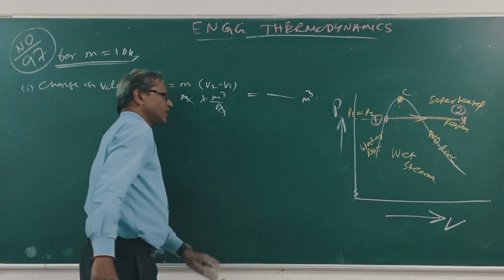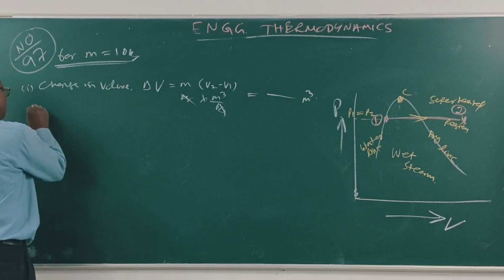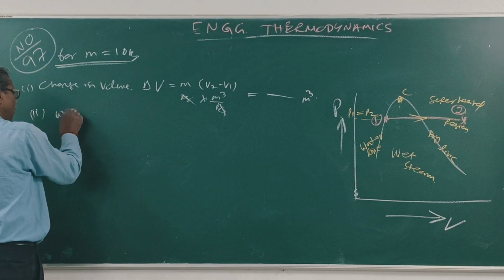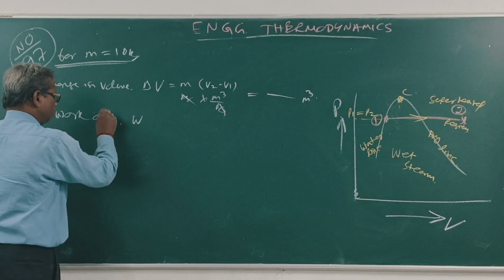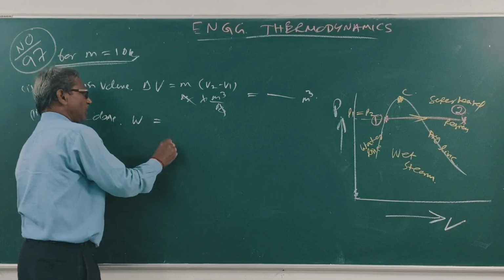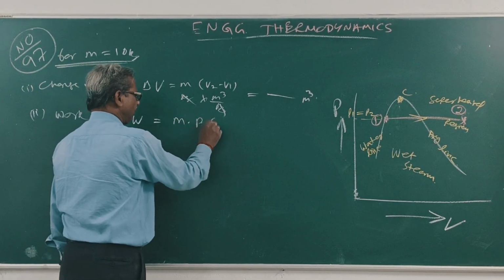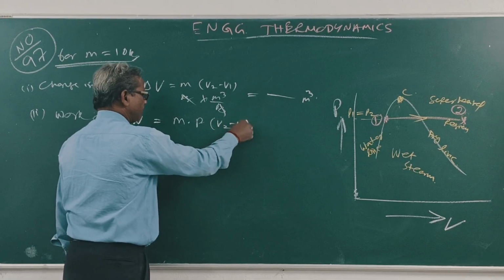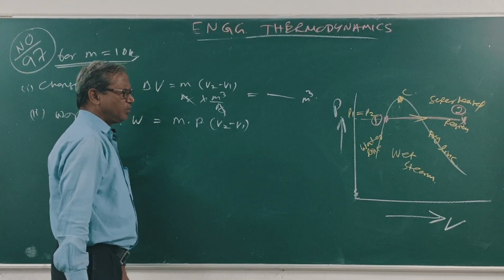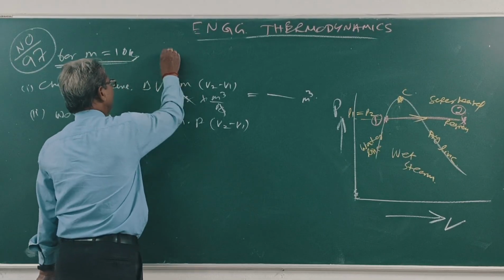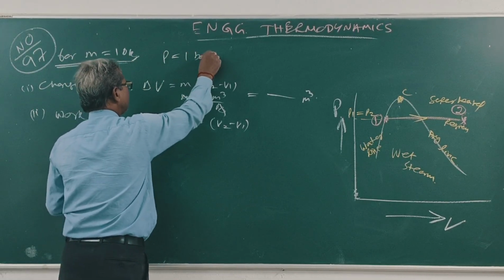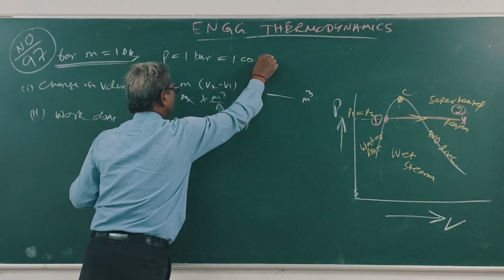Number two, work done. W is equal to M into P into (V2 minus V1). What is P? P is equal to 1 bar, means 100 kilopascal. Clear?